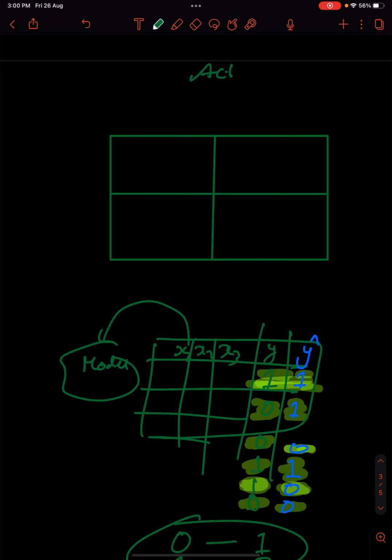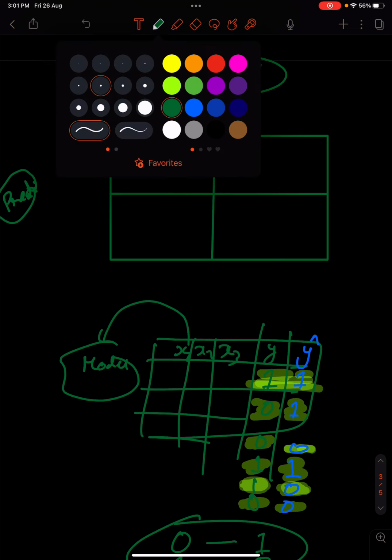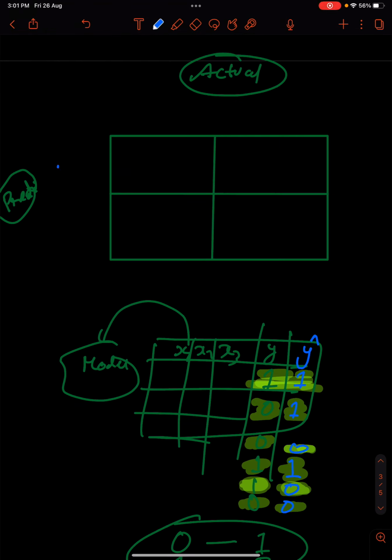So assume here you have the actual values, and here you have the prediction values. Now try to fill the matrix with respect to the prediction values. So here let's say I have positive class, negative class, positive class, negative class.